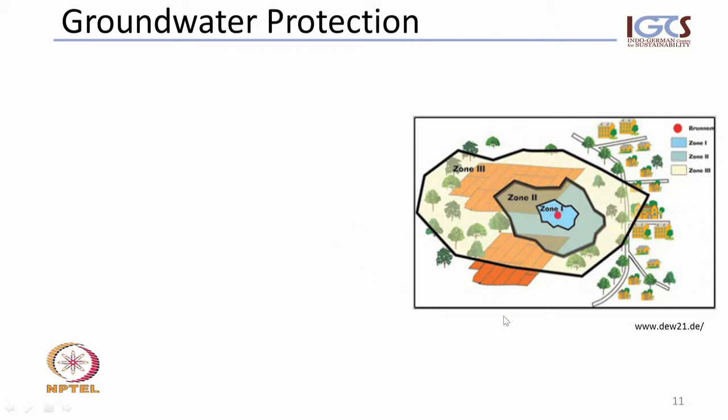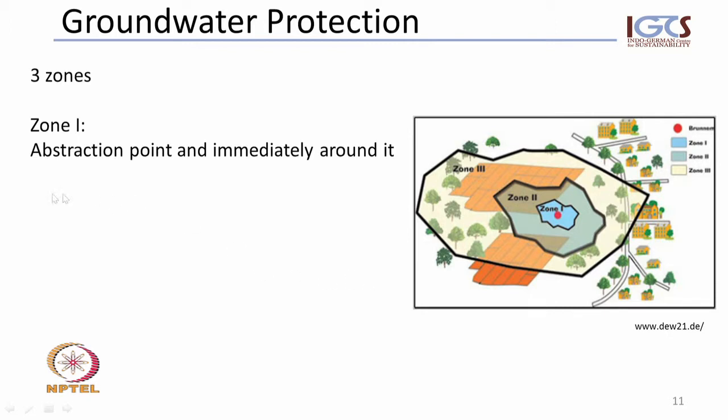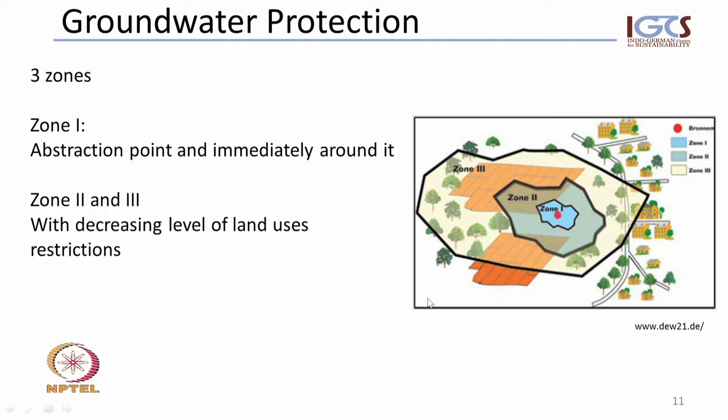We have different land uses here and also infrastructure, roads, settlements and so on in those areas. Now, zone 1 corresponds to the abstraction point itself and the immediate area around it. Zones 2 and 3 will differ in shape. We will look into this now. And there will be different land use restrictions applicable as we move further away from the abstraction point.